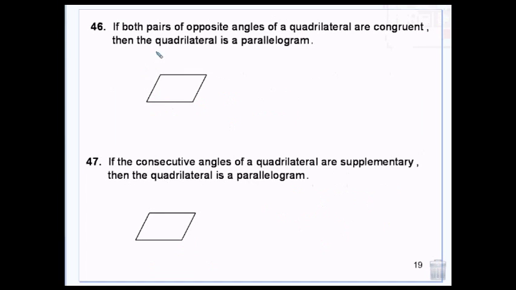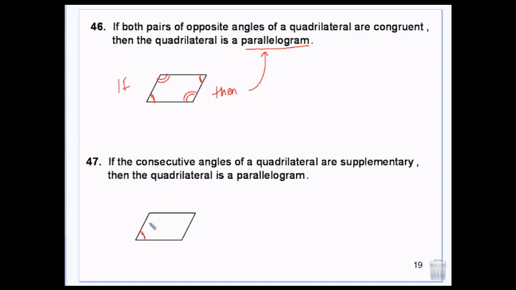We have one that says if both pairs of opposite angles of the quadrilateral are congruent, so if this angle is congruent to that angle and this angle is congruent to that angle, then you have a parallelogram. So opposite angles congruent. And then you have if consecutive angles are supplementary.